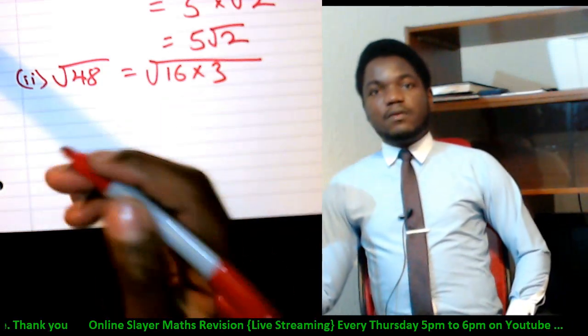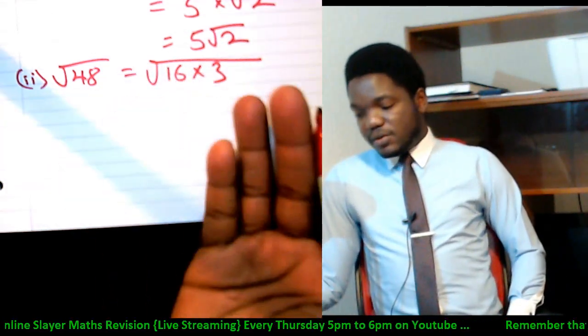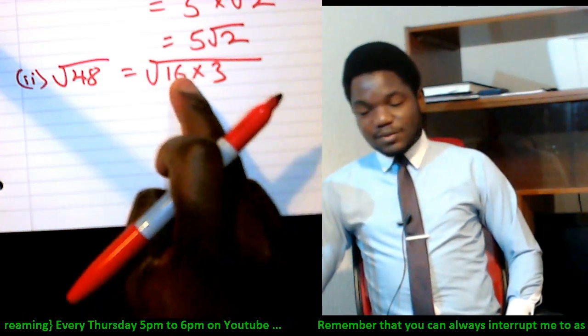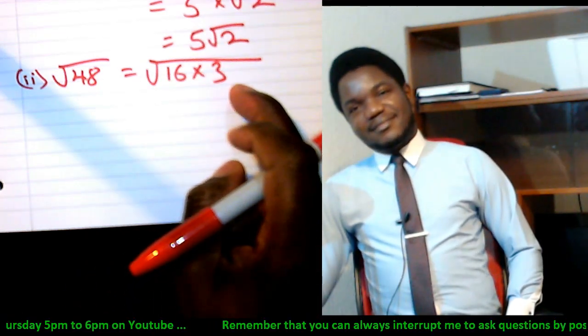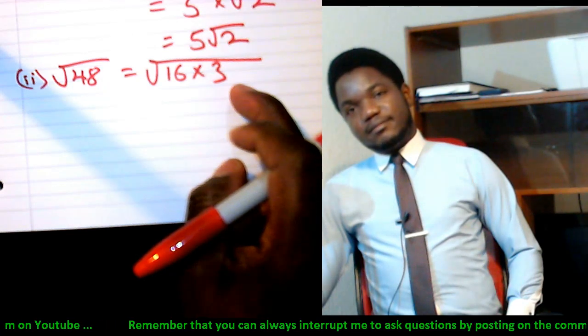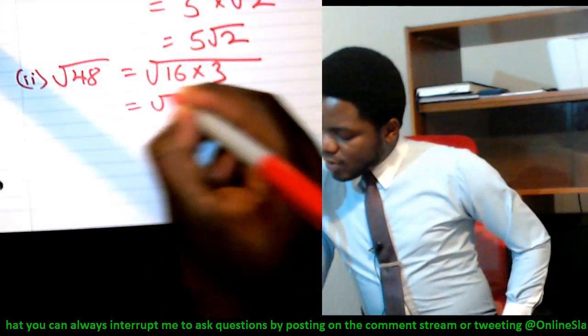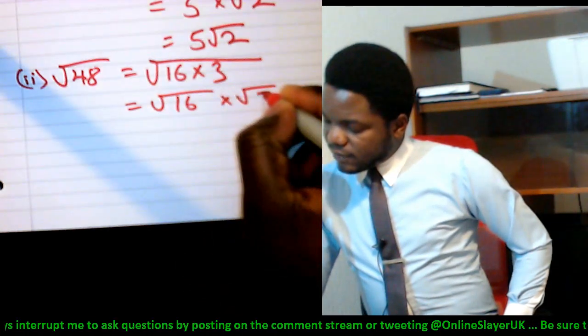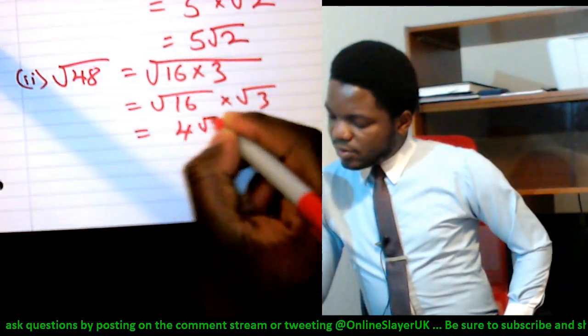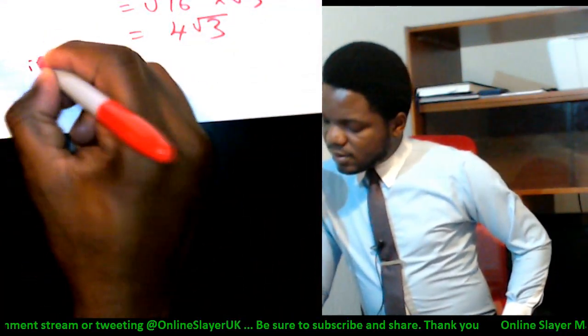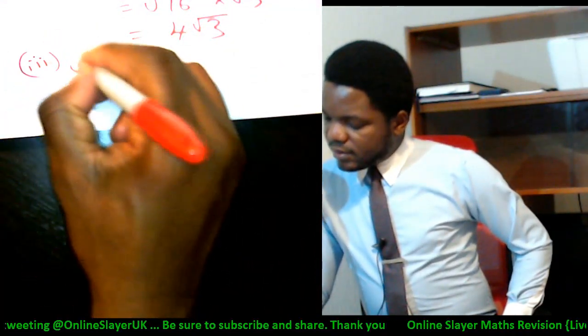And if you want us to look for the prime factors of 48, I'm happy to do that. But it's going to be 2 times 2 times 2 times 2 times 3. So you can easily say, okay, 16 is a factor. So this goes down to square root of 16 times square root of 3, which is 4 root 3. And then the last case was square root of 200.